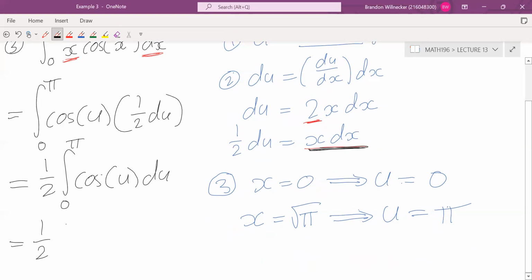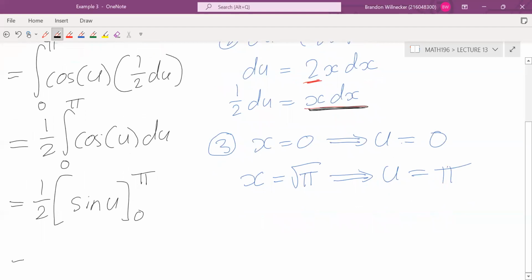Okay, so now we can integrate. So that's going to be 1/2. The integral of cos, that's going to be sine from 0 to pi. Okay, and then we can substitute in. So we're going to have 1/2 sine of pi minus sine of 0. But sine of pi is 0.